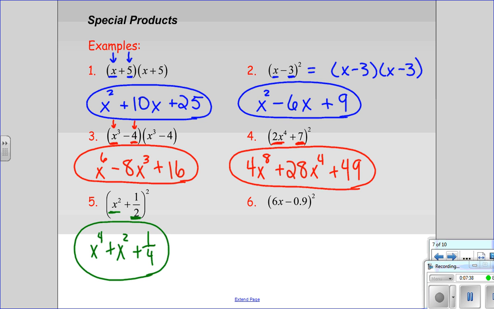In our last example, 6x squared is 36x squared. 6x times 0.9 is negative 5.4x. And when we double that, we get negative 10.8x. And then our last term is a positive. 0.9 squared would be 0.81.